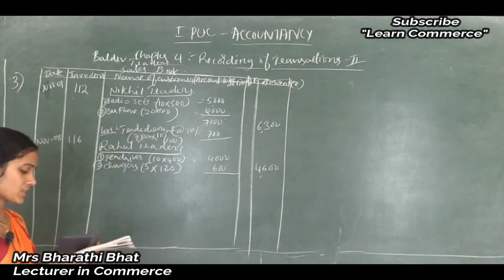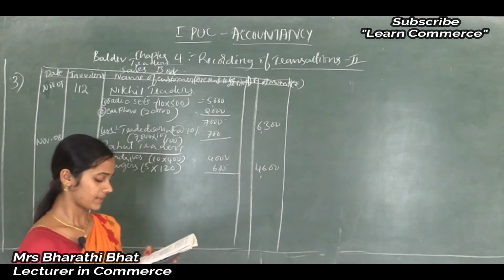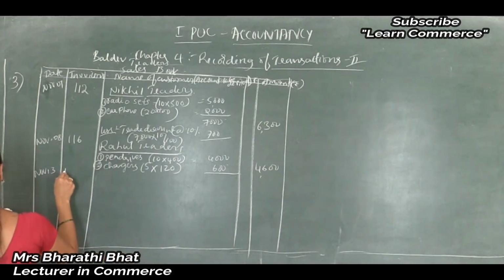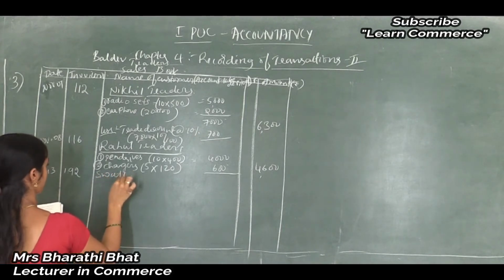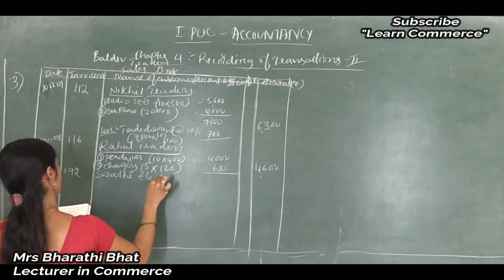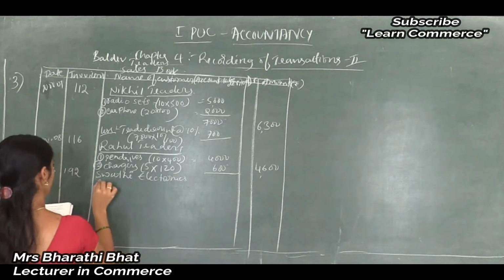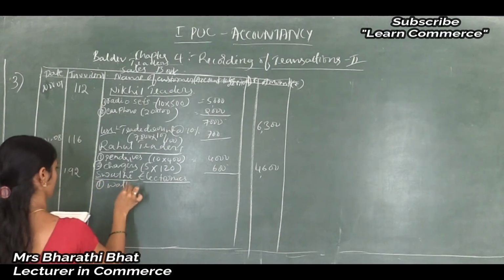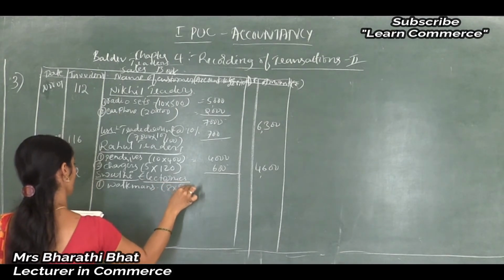And the next one, sold to Swati Electronics as per bill number 192, November 13, 192, Swati Electronics. Underline this. Walkmans, 8 into 500.